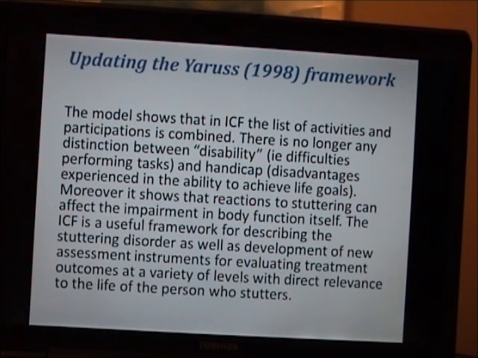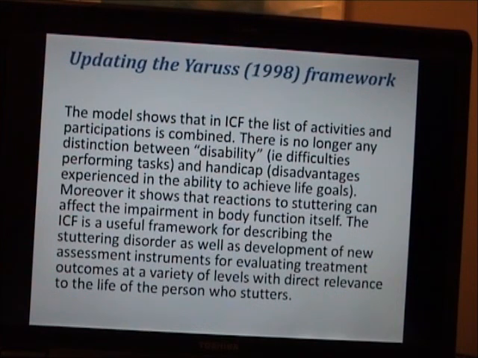And now to the updating of the Yaruss framework from 1998. We have to recognize here that the WASES is based on the ICIDH, or the original Yaruss framework. The model shows that in ICF the list of activities and participations is combined.